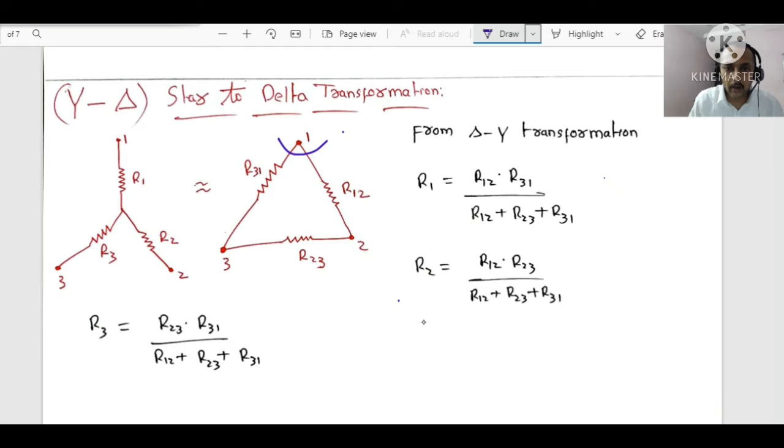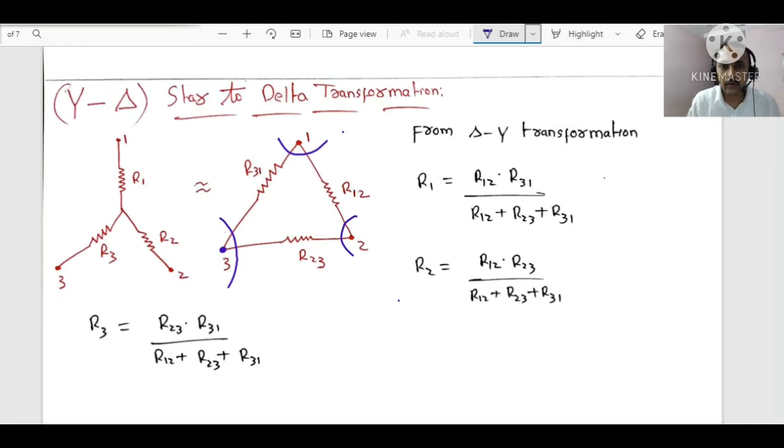Similarly, if I want R2, I am multiplying these two resistors connected at node 2, right? So R12 into R23 whole divided by R12 plus R23 plus R31. Similarly for R3, equal to multiplication of these two resistors which are connected at node 3, R23 into R31 divided by R12 plus R23 plus R31.